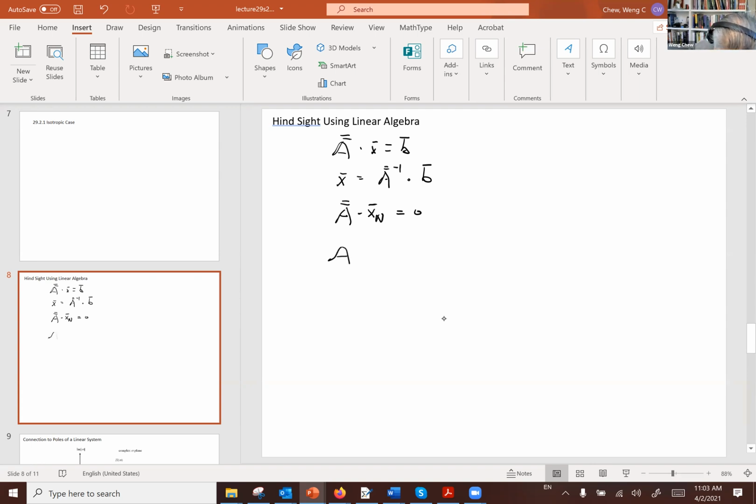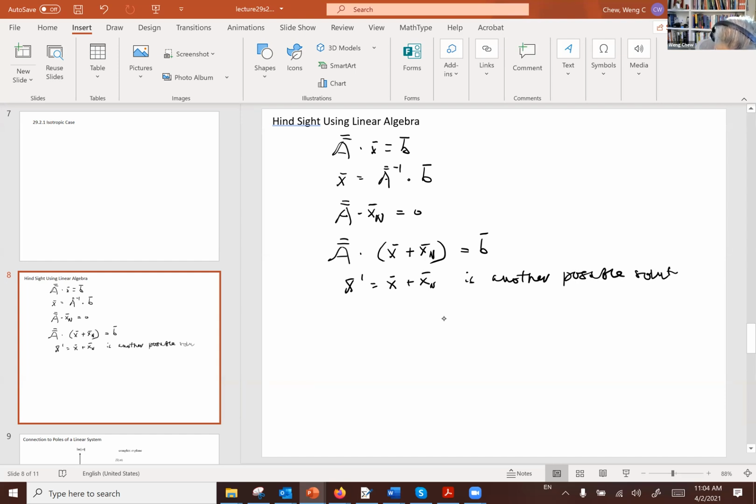If you have found a solution, you can always add a null space solution, and this equation will still be satisfied. So X prime equal to X plus X_n is another possible solution. X is not unique if X_n is not equal to 0.